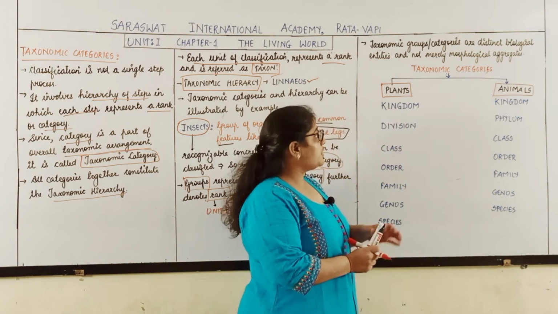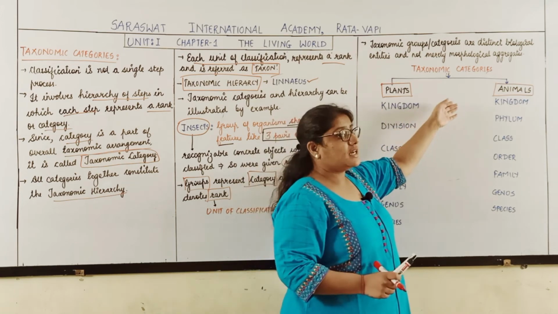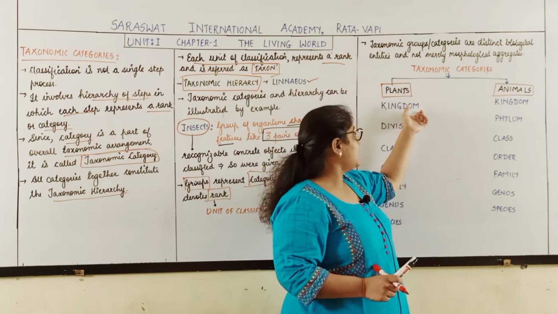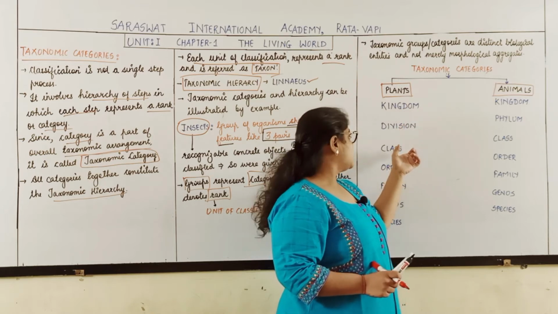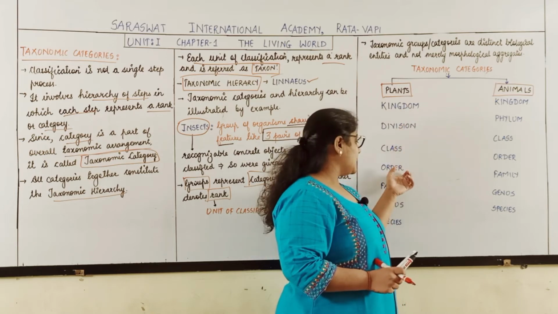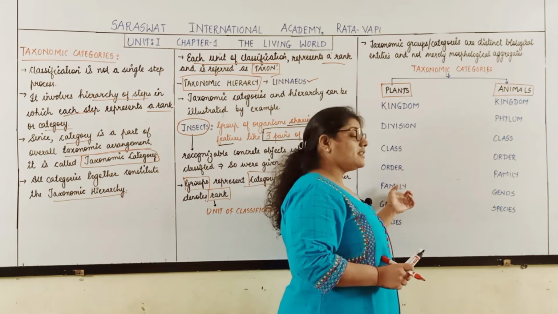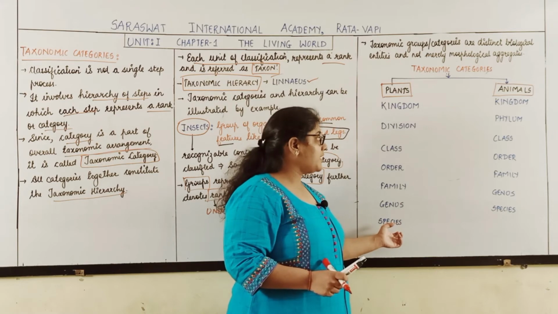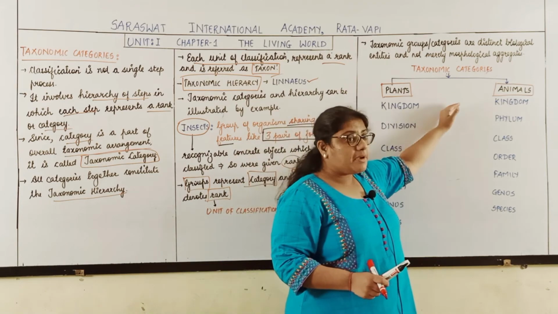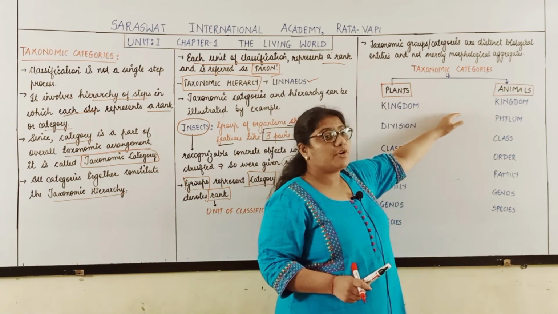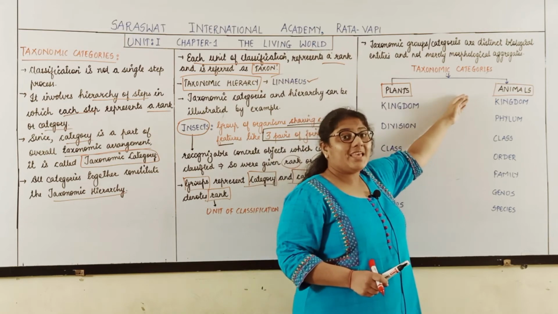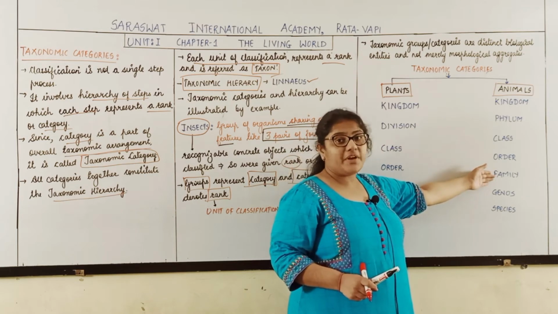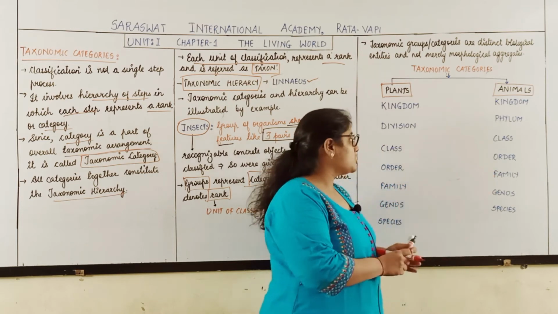The first category is kingdom. In plants, the first category is kingdom, then division, class, order, family, genus, and finally species. Similarly, the categories for animals include kingdom, phylum, class, order, family, genus and species.